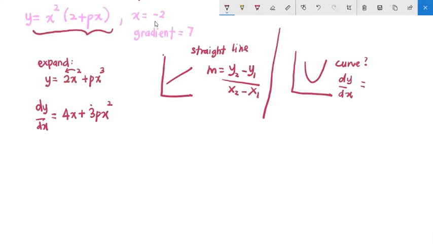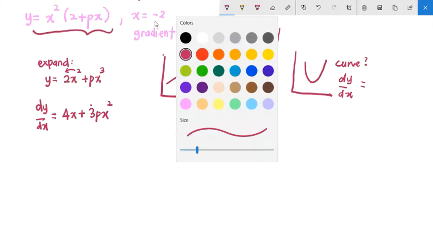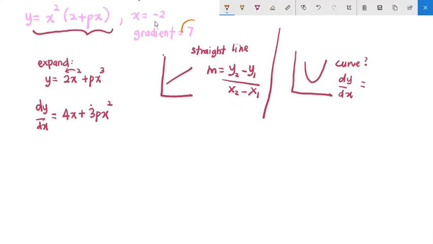Okay, so given that the gradient is 7, this one kan? Okay, so samakan je lah. x is negative 2. Substitute x is equal to negative 2: 4(-2) plus 3p(-2) squared is equal to 7. Okay.